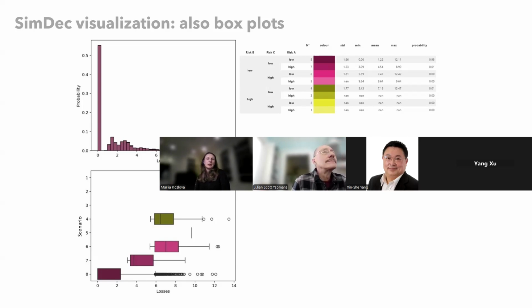You can already interpolate from here that, okay, the lighter the shades, the higher the losses are. Here on the x-axis are the losses, right? So when we increase risk C or risk A, then there are higher losses. But the same holds true, and the jump is quite considerable, for risk B from red to yellow.